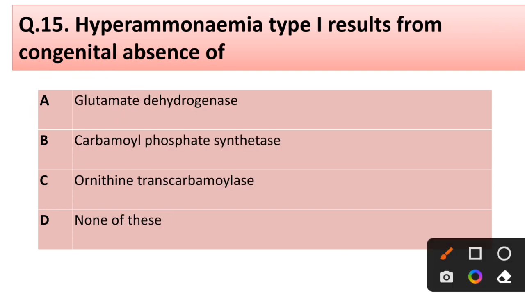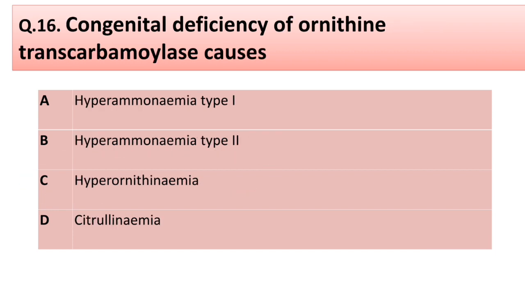Question number 50. Hyperammonemia type 1 results from congenital absence of glutamate dehydrogenase, carbamyl phosphate synthetase, ornithine transcarbamylase, none of these. Correct answer is option C, ornithine transcarbamylase. Question number 60.